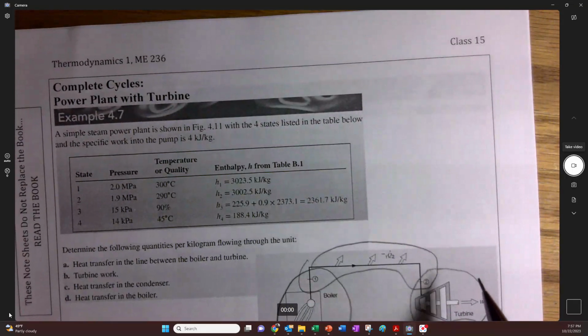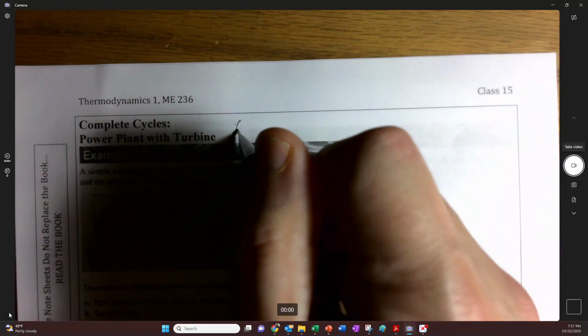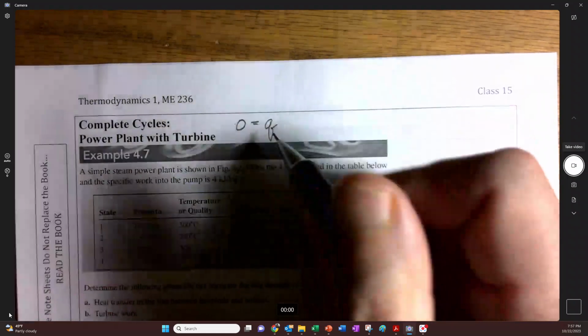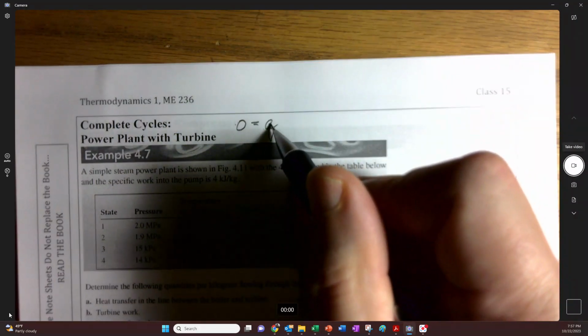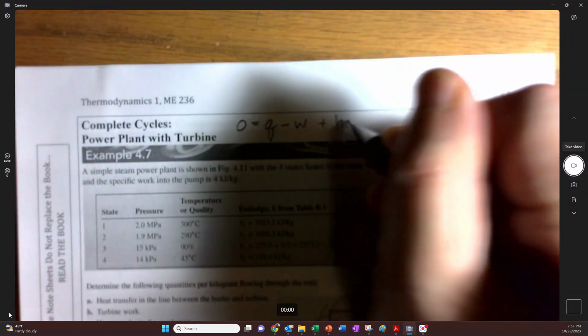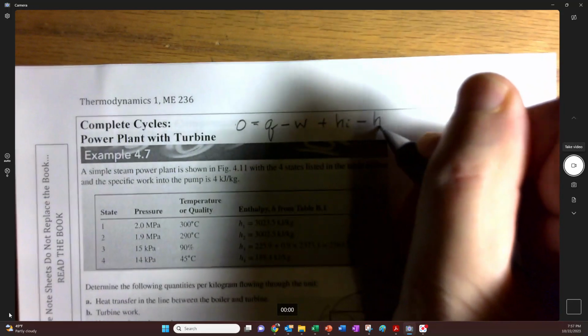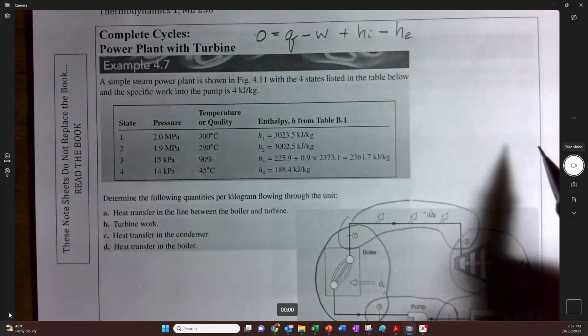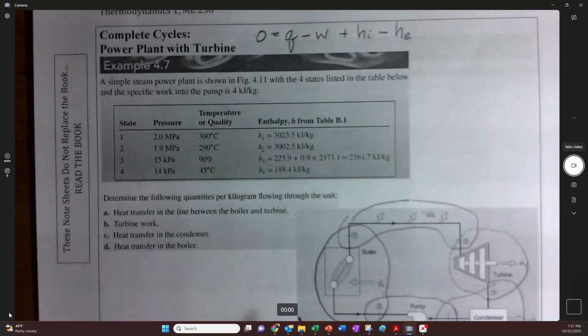So the main equation, I'll put it up at top because I didn't leave a lot of room up here. Here's the main equation. We're going to do it on a per mass basis, so it's basically the same equation that we've been doing, right? We're going to use lowercase q minus lowercase w plus h in minus h exiting. That's like our basic conservation of energy equation, but on a per mass basis.